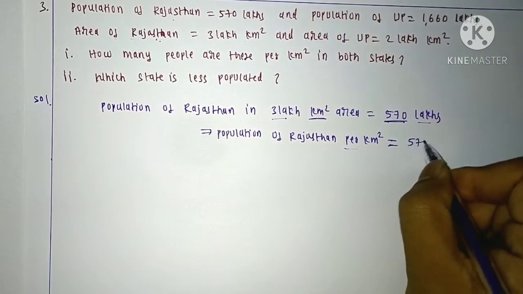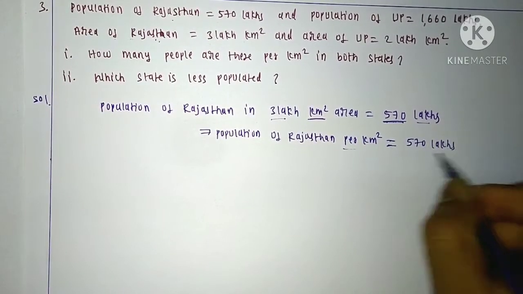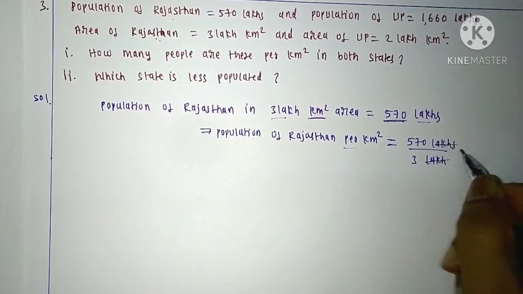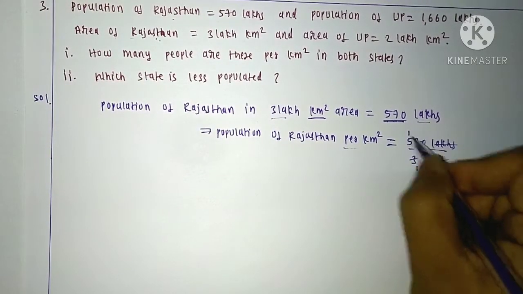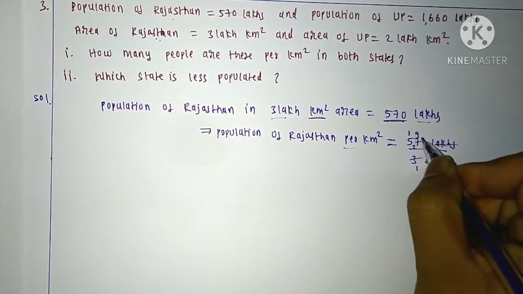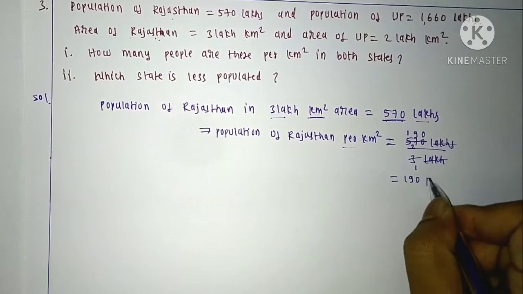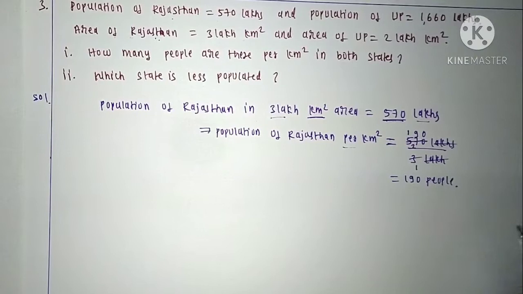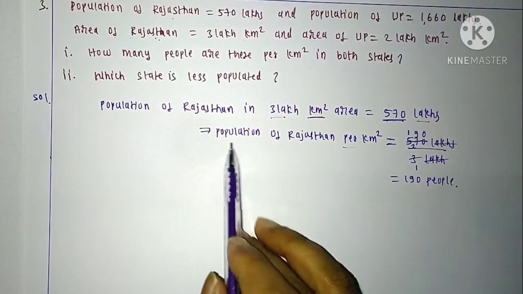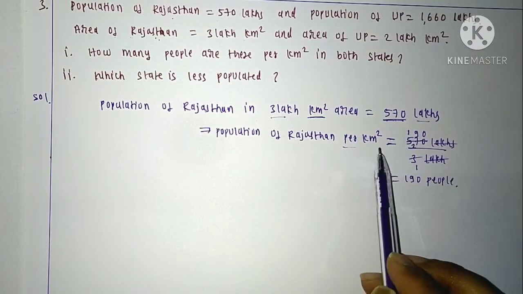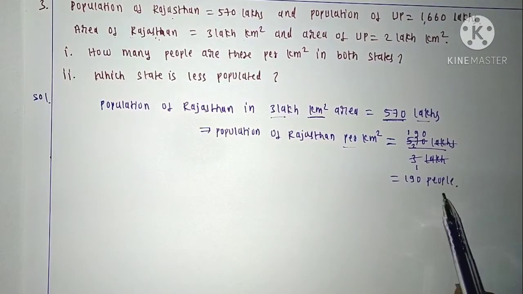Now let us divide 570 lakhs divided by 3 lakhs. So this gets cancelled, 3 ones are 3. Again 3 ones are 3, carry 2, 3 nines are 27. So here 0. So we got 190 people. Okay, so here we can conclude that the population of Rajasthan per kilometer square area is nothing but 190 people.